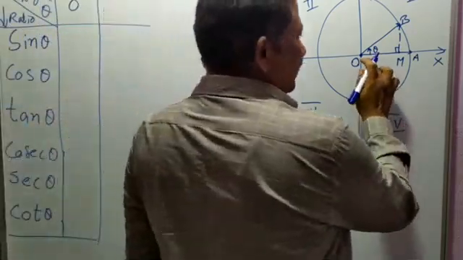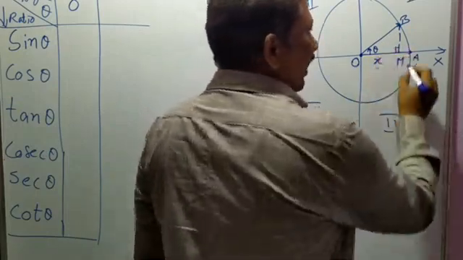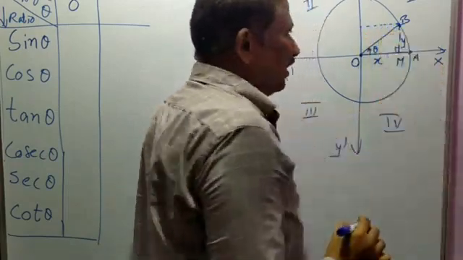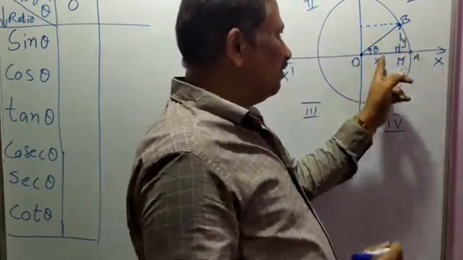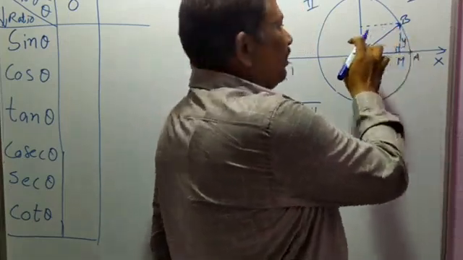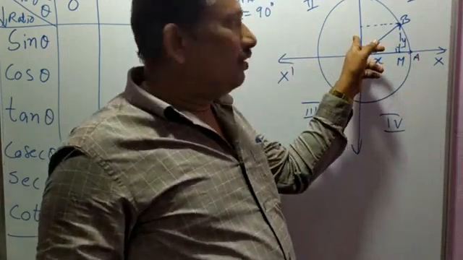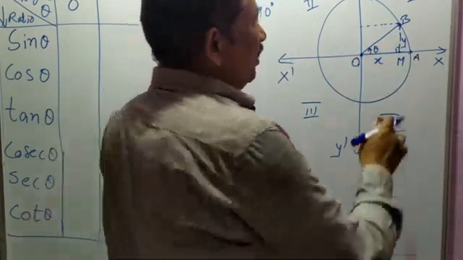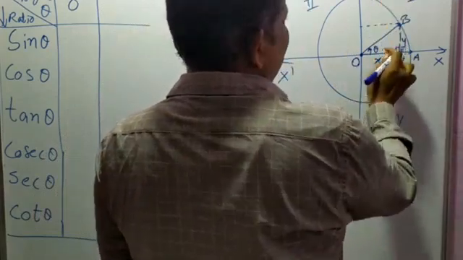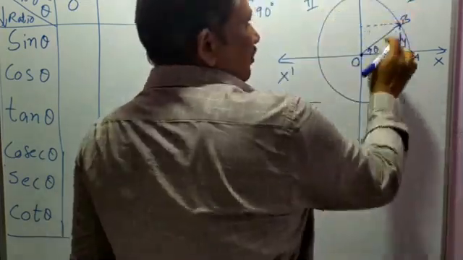On the x-axis we measure the values with the symbol x, and on the y-axis we measure the values with y. So we measure the opposite side on the y-axis and this side on the x-axis.